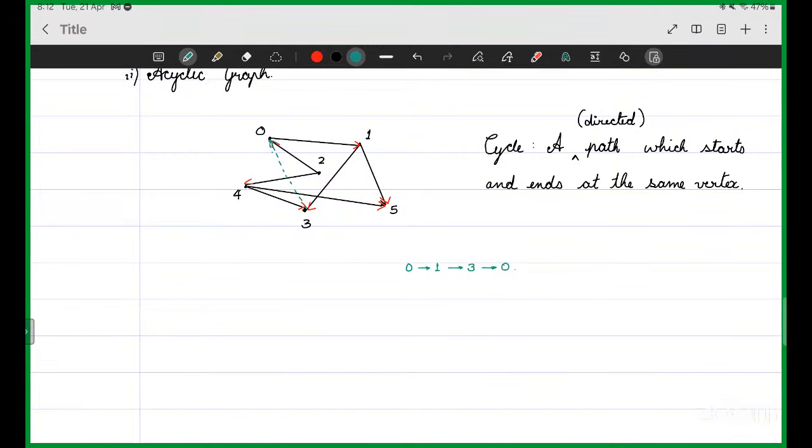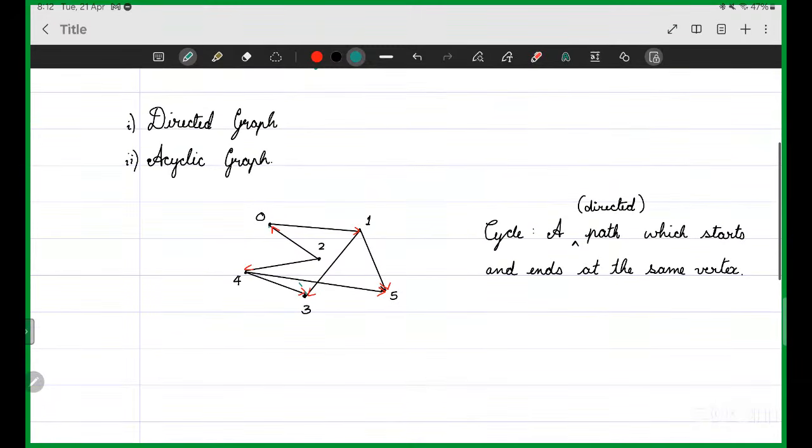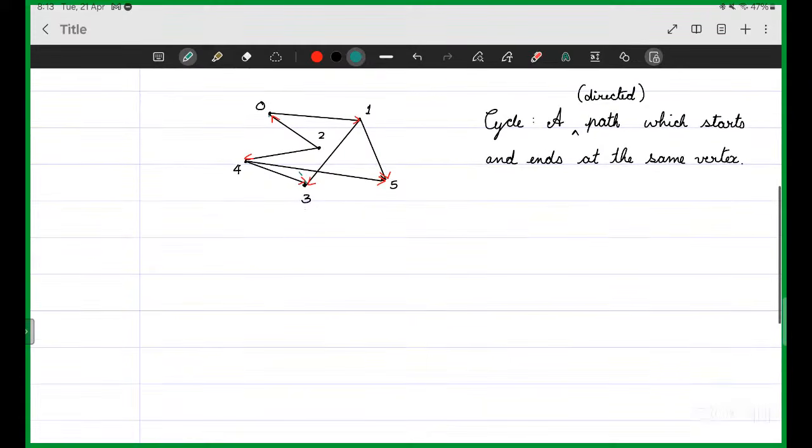But the focus of today's session is not graphs with cycles, it is graphs without cycles. These are what are called acyclic graphs. In particular, you have seen that trees are acyclic, right? The BFS, DFS tree that you get from the algorithm that is described.